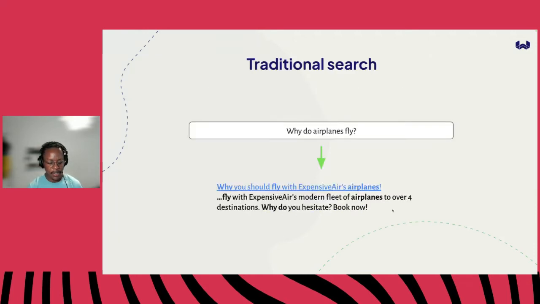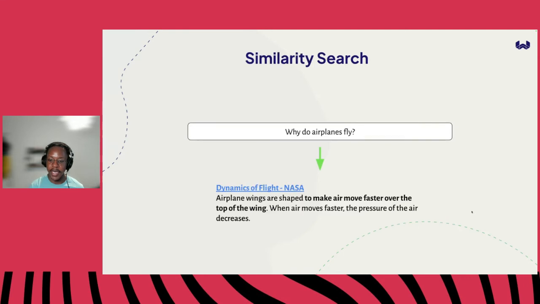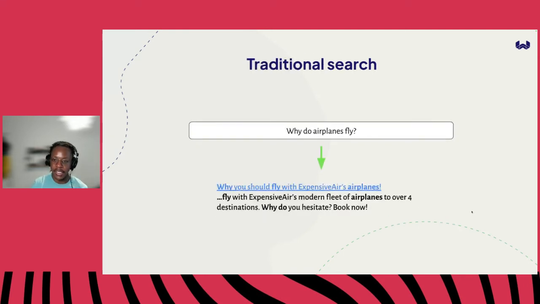And what is that? Just to contrast what it is, I'll introduce the idea of traditional search, which was mostly a keyword match. In this example, I ask, why do airplanes fly? My response would be, you should fly with an expensive airline, which has no relevance to the question that I actually asked. But you could see that we have a keyword match in this.